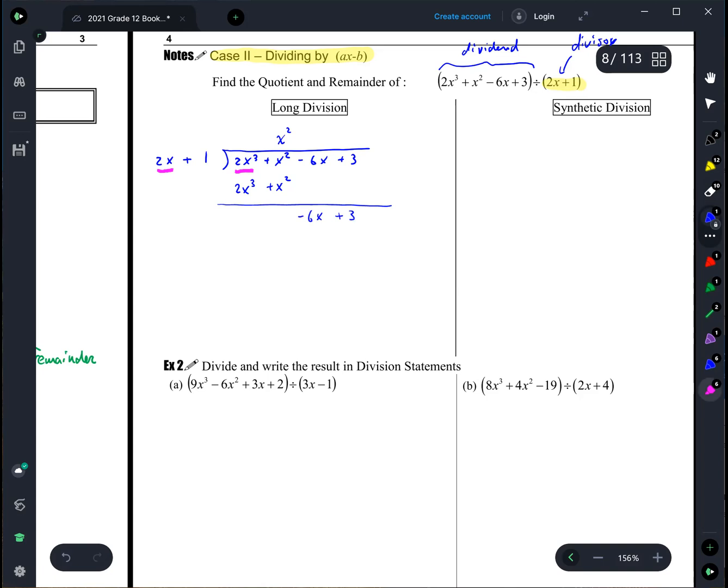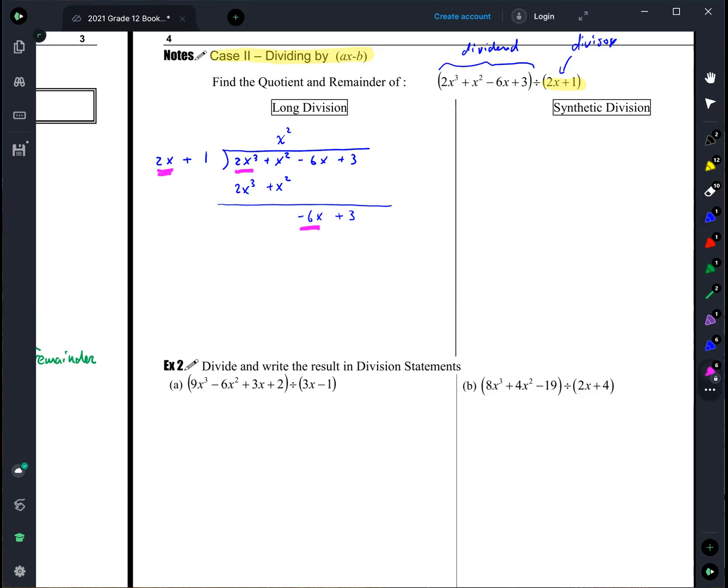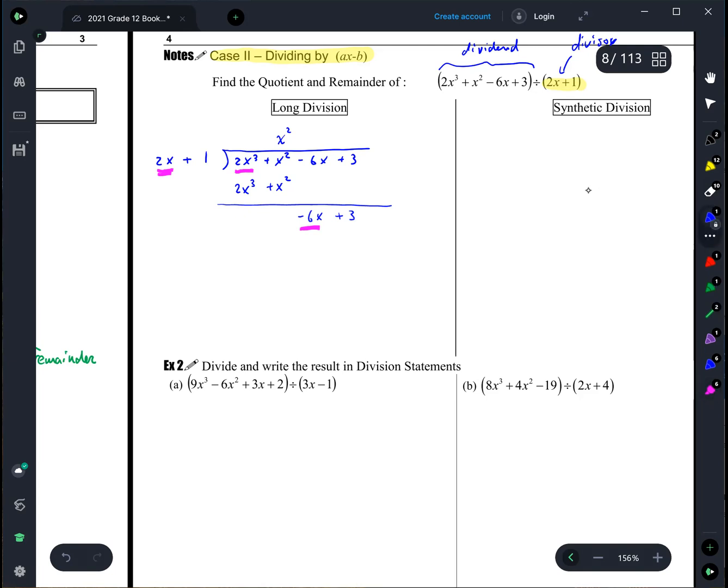Once again, we compare the first term with the first term in the divisor. What do we need to multiply this time? Angela? Negative 3. Very good. We need to put it above the term that has no x, so you put it here.